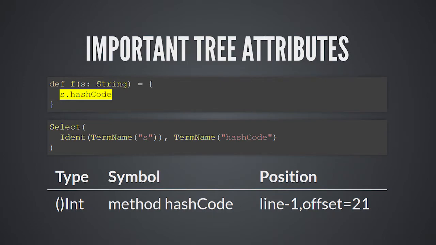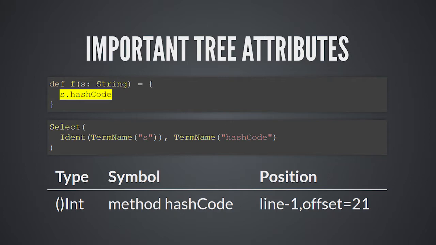This tree then has, as most tree nodes have, a type, a symbol, and a position. In our example, the type of our tree is just a function that has no arguments and generates an integer. That's what a hashCode method does. The symbol of our tree is the hashCode method of String. So the symbol is some kind of unique identifier that can be bound to a tree node.